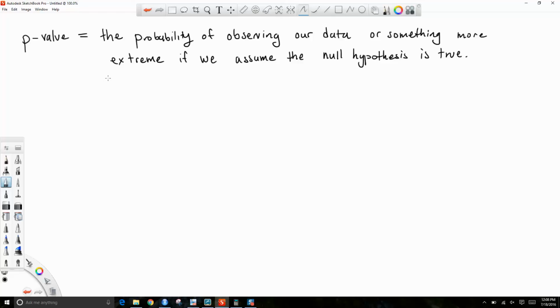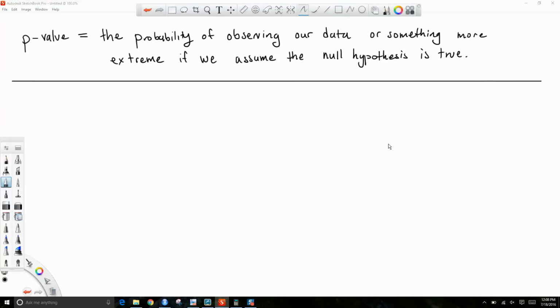So earlier, at the end of our quote example, I said the probability of observing a p-hat equal to 0.4533, which is basically our data, right?